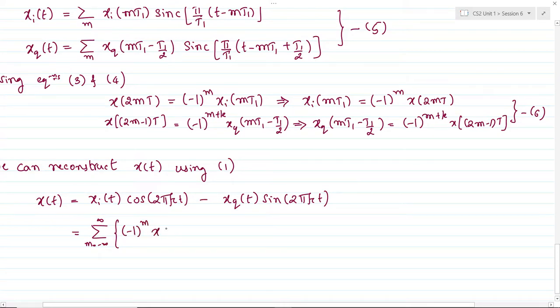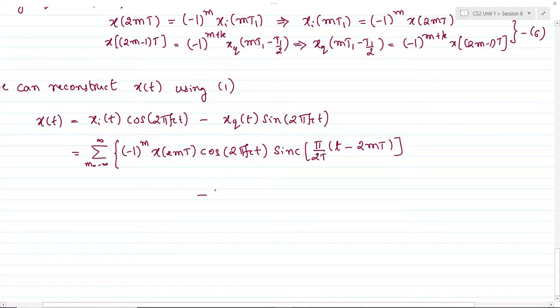Now I am replacing t1 with t, because we have to get back to the original signal: t minus 2mt. This is the first part of it, for the even samples. Minus, minus 1 per m plus k, x of 2m minus 1 times t, sine of 2 pi fct, times sinc of pi by 2t times t minus 2m minus 1 times t.